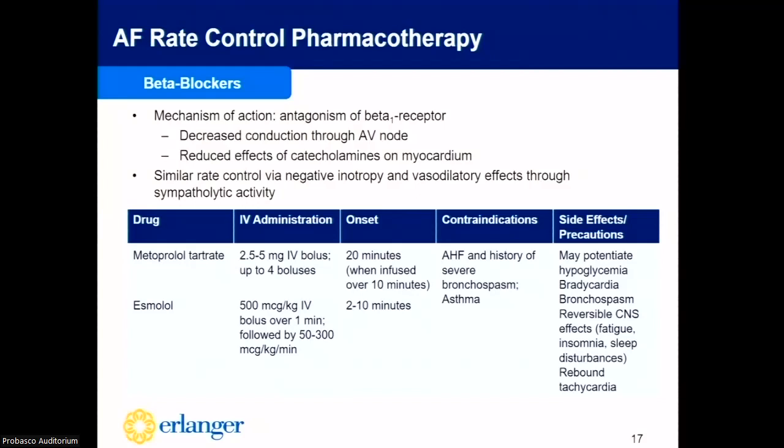Most of these trials actually infuse metoprolol over 20 minutes or over 10 minutes, so onset of action within 10 minutes, although onset is a bit more rapid with IV bolus administration. Contraindications would be acute heart failure and history of severe bronchospasm and asthma. Side effects and precautions: they may potentiate hypoglycemia, they can cause bradycardia, bronchospasm, and they also have some reversible CNS effects and rebound tachycardia.